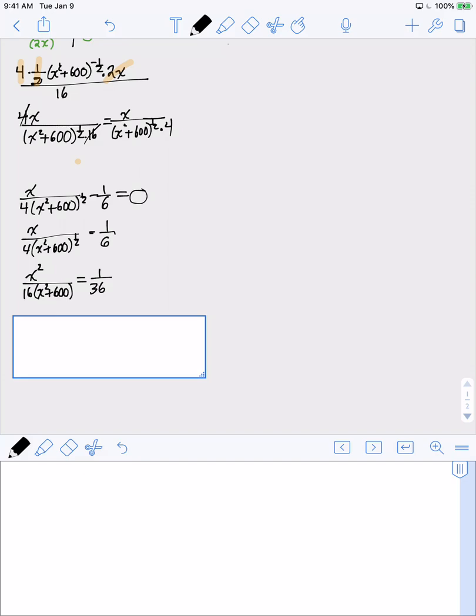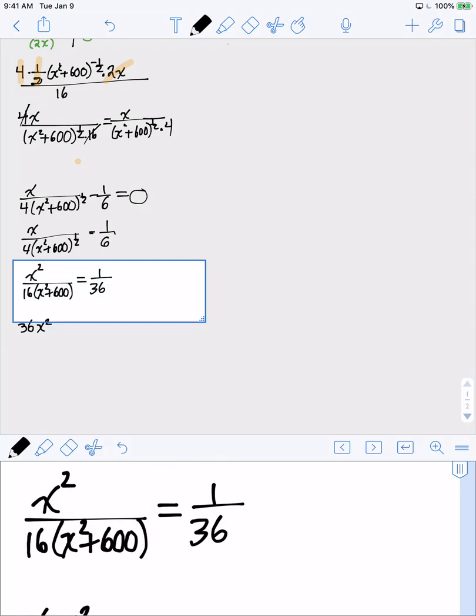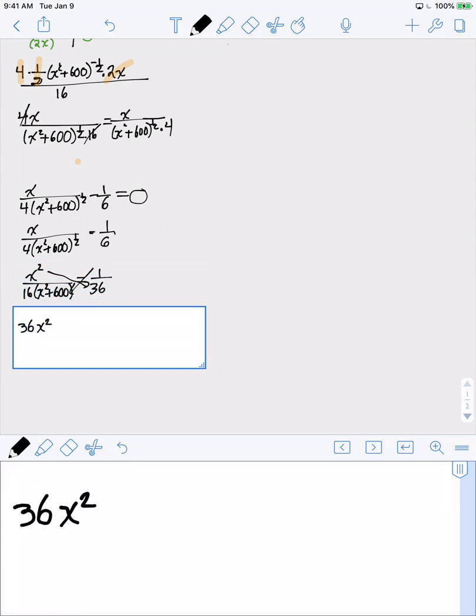And let's see, I'm going to cross multiply here. 36x squared. So this is what I'm doing, guys. Look, this times this, and this times this. 36x squared equals everything in that denominator times 1. And I'm going to go ahead and distribute that.